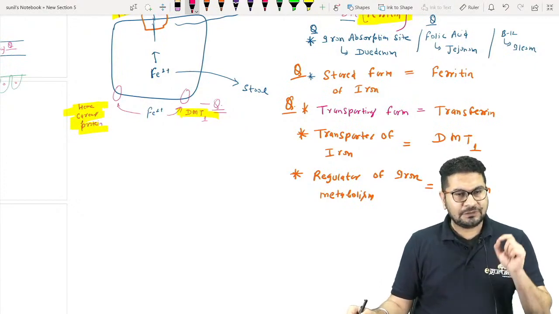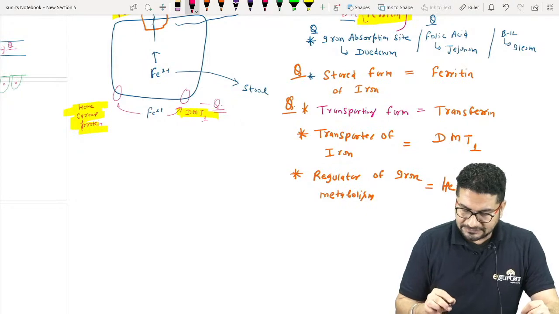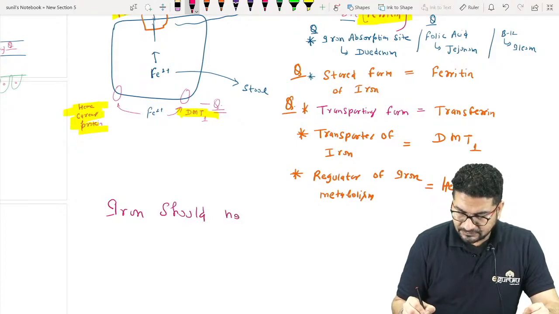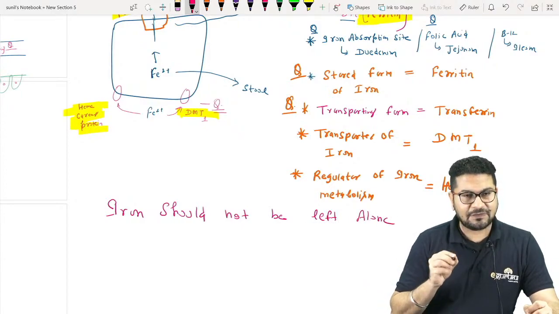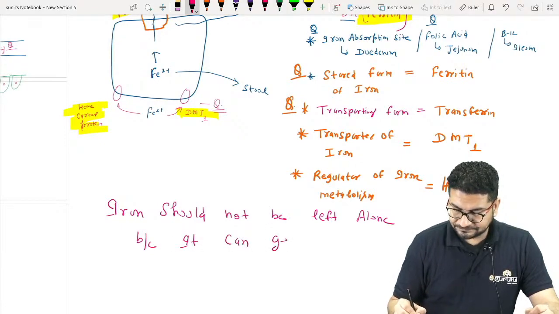The reason is, if you leave this iron alone, it may generate free radicals. So it's a cunning person. You should not leave iron alone, because it can generate free radicals.